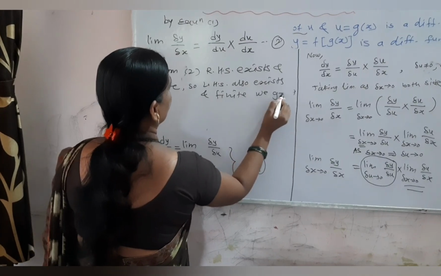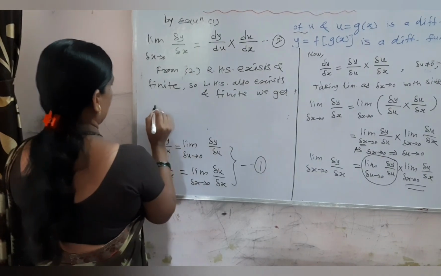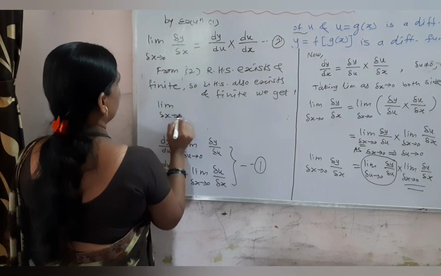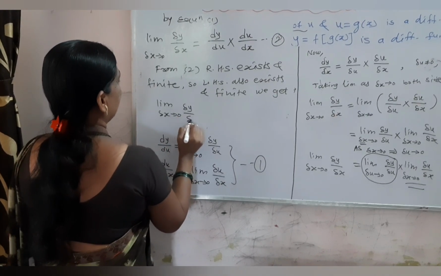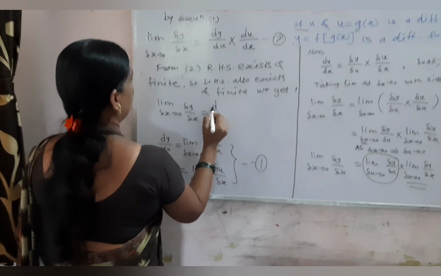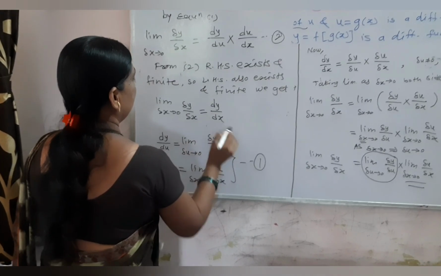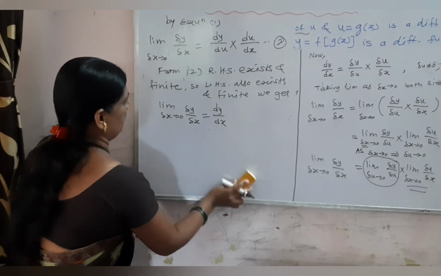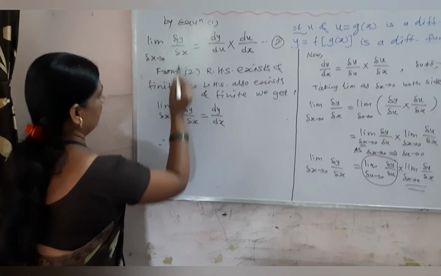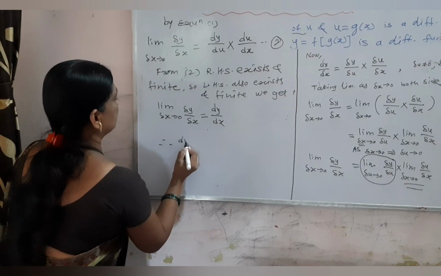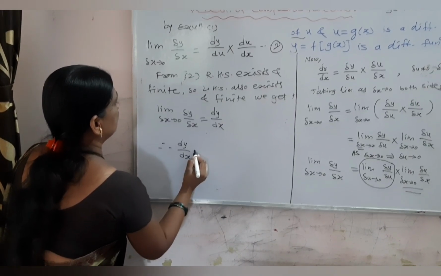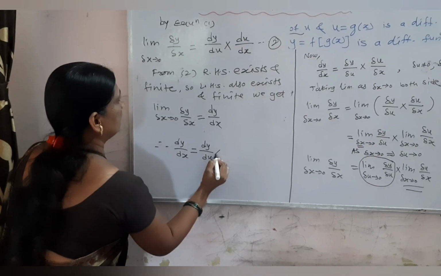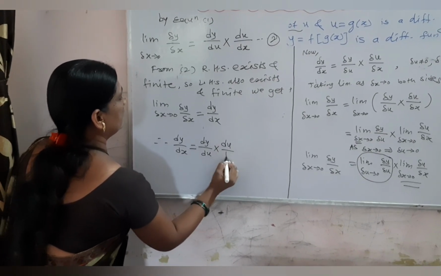We get limit delta x tends to 0 delta y by delta x is equal to dy by dx. So therefore this becomes dy by dx is equal to dy by du into du by dx.